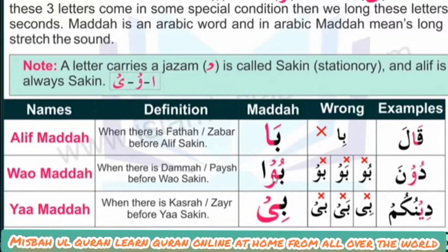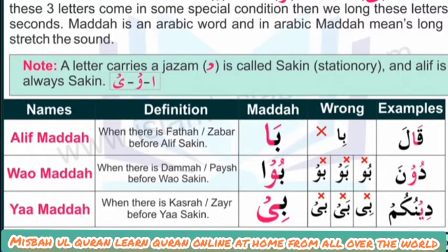That's why before the waw sakin there is a dhamma. So we can say this waw is in a special condition right now. So we long here as we say ba, waw, dhamma, boo. Letters we read first in spelling and then we read the sign's name.